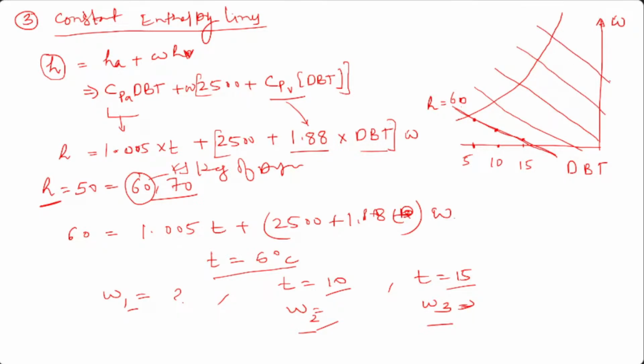These lines basically show the constant enthalpy lines, and here we can find a scale on the psychrometric chart. This is the scale of enthalpy. And here we just wrote 60, 70, 80, 90, 100, whatever it is.